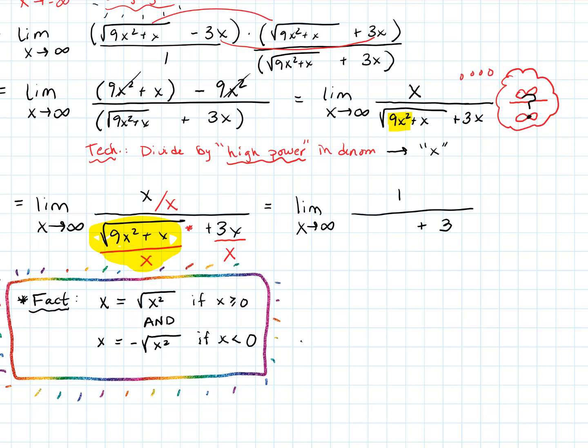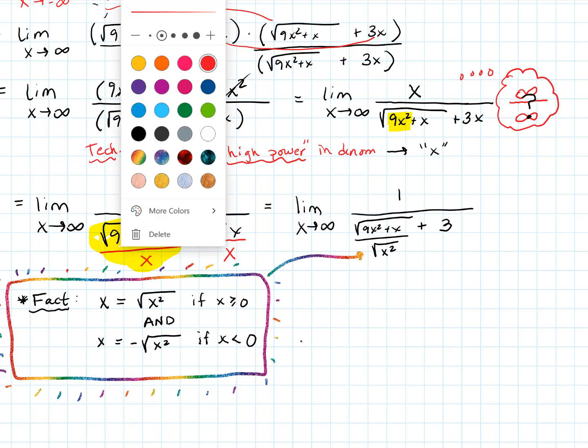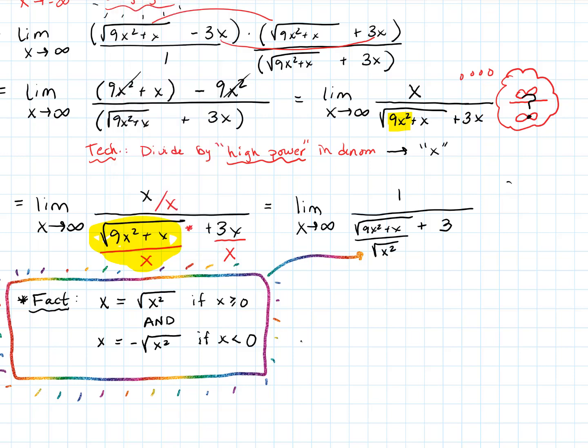So what we're going to do here is say 9x squared plus x over the square root of x squared. We're using this fact right here, and we can justify that since x is approaching infinity, the square root of x squared is equal to x because x is greater than or equal to 0.